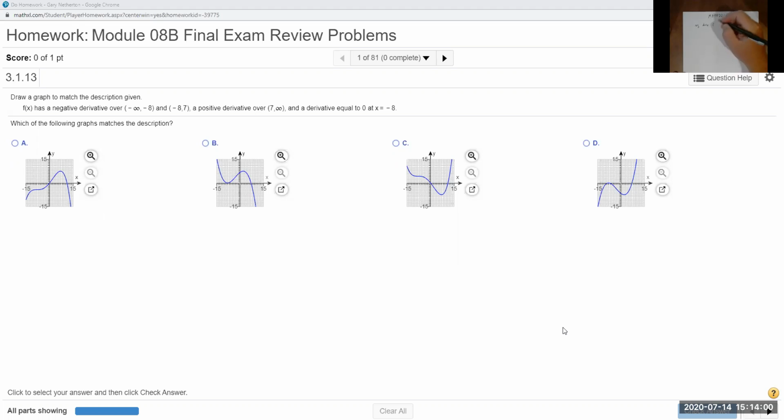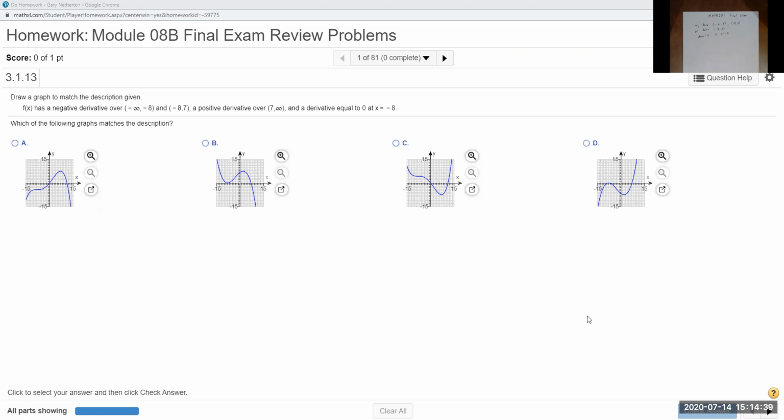So negative derivative from negative infinity to negative 8, and then also from negative 8 to 7. And then a positive derivative from 7 to infinity. And then the derivative will equal 0, and this is just 1 point at x equals negative 8.